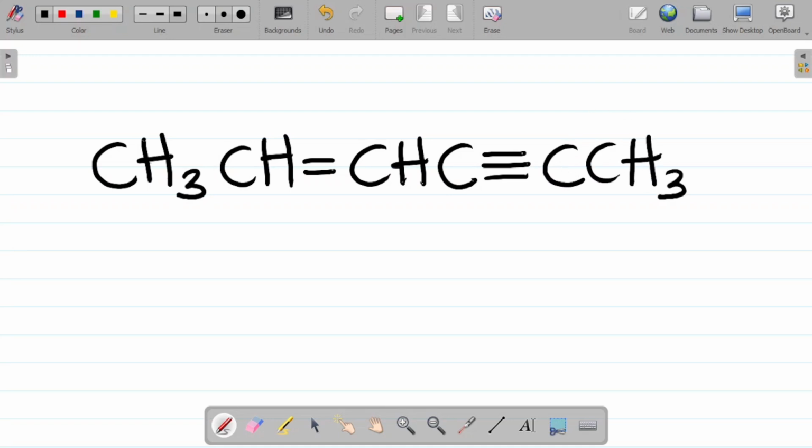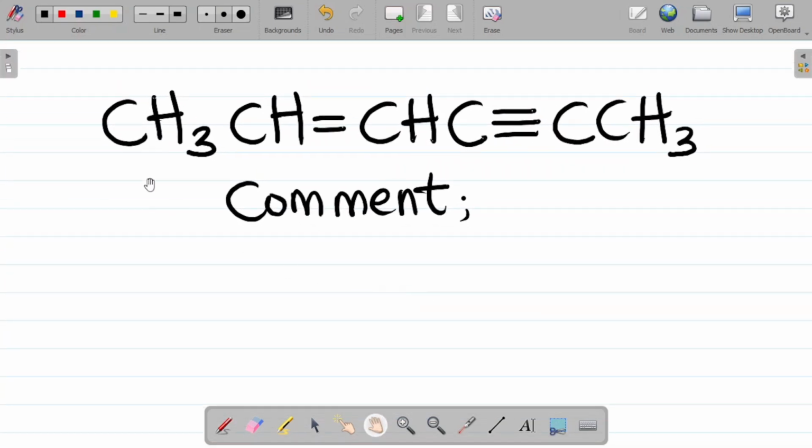So you have this compound here. Your task is very simple: try to name this compound. Leave the name in the comment section and I'll give you a reply, whether you're correct or not. So please name this compound from what we've done and leave your answer in the comment section.